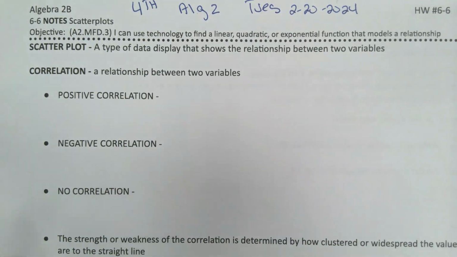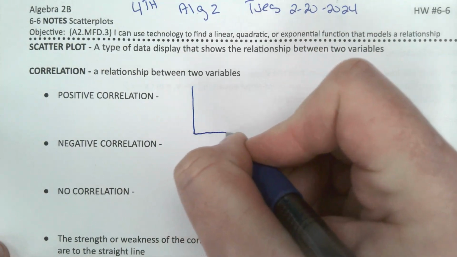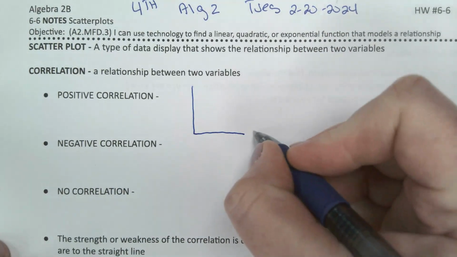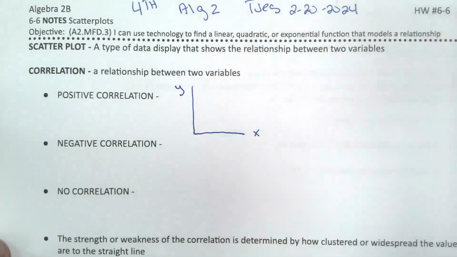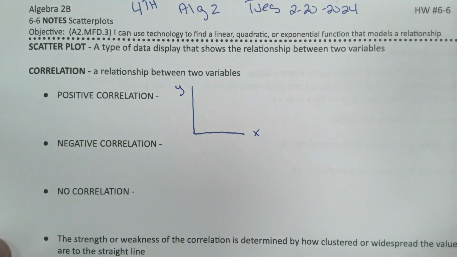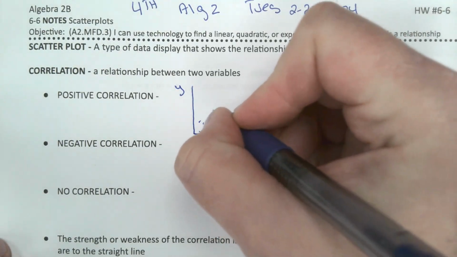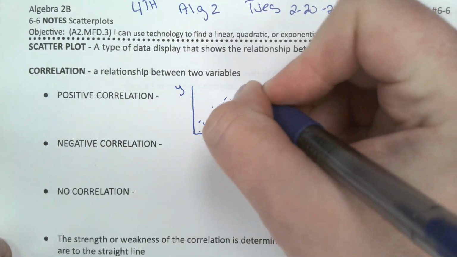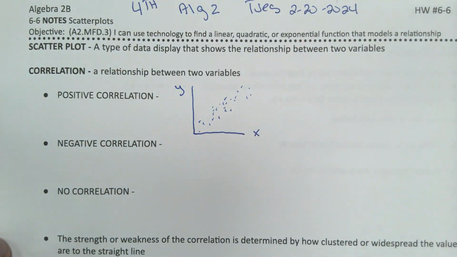Correlation shows the relationship between two variables. Positive correlation might look like this. We're in quadrant 1 of a coordinate plane, and we collected some data, plotted the points, and graphed it.